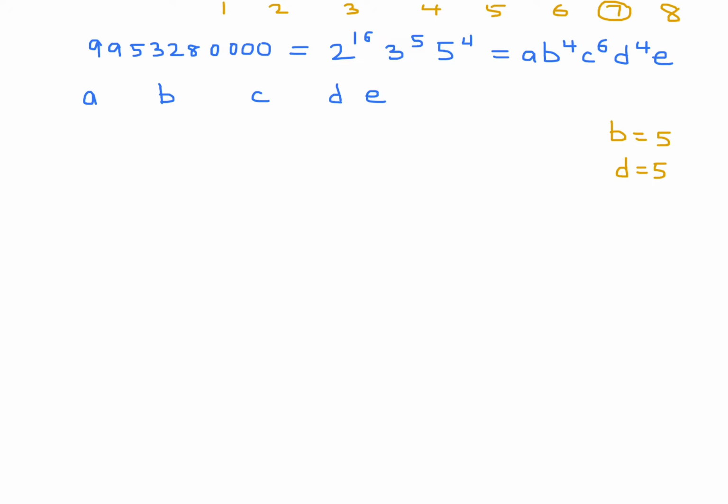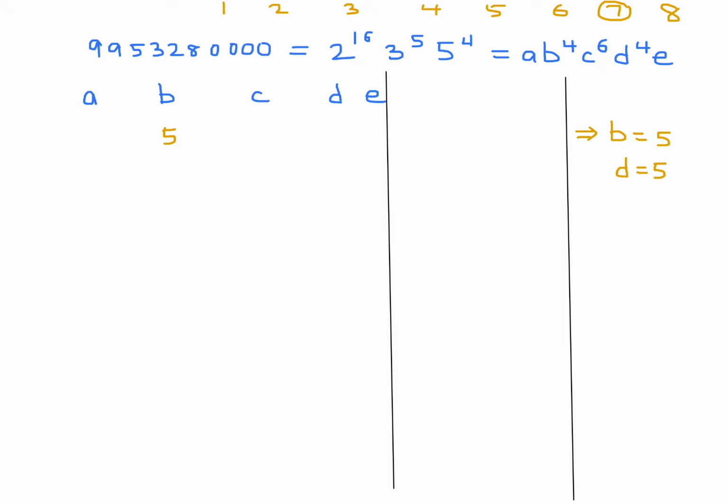So I'm going to first concentrate on B equals 5. I'm going to put 5 right there. And now we have to do some trial and error to figure out what the other letters are. Well, I've got the 5 taken care of.